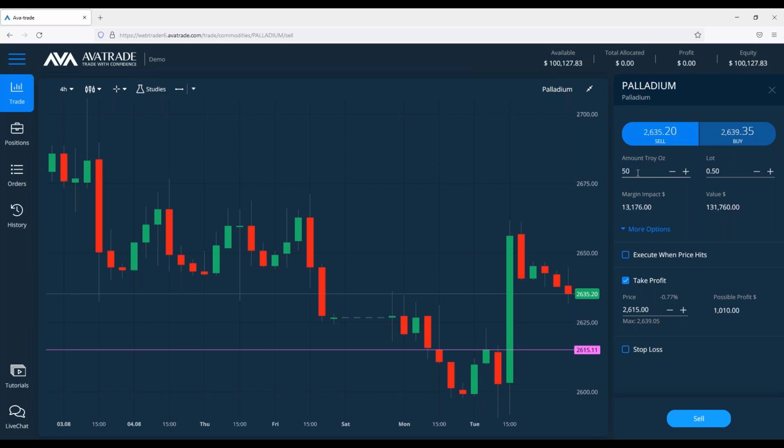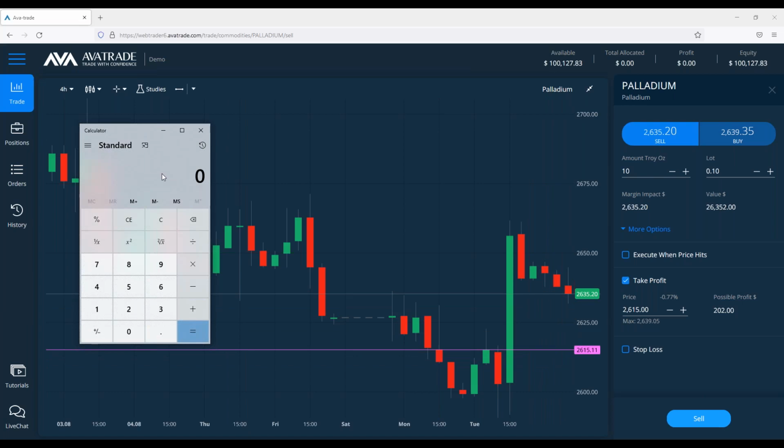So by increasing my quantities, I can play between my quantities and the movements to get to what I want to make. If I want to make 1,000 and I'm looking for a certain movement, maybe I can increase or decrease my movement. And if I want to trade with 10 ounces, maybe I can expect more or less movement. Okay, does that make sense? Any questions regarding that?